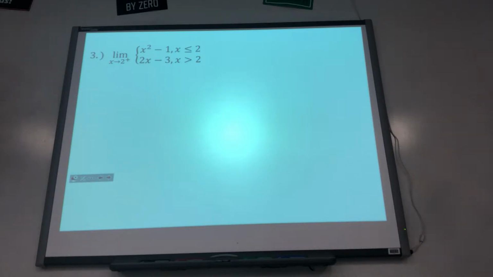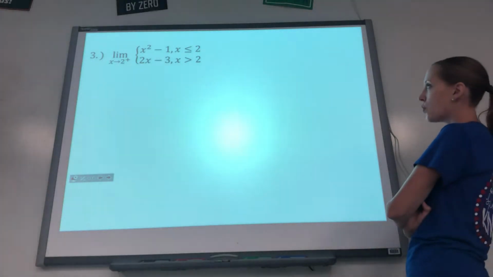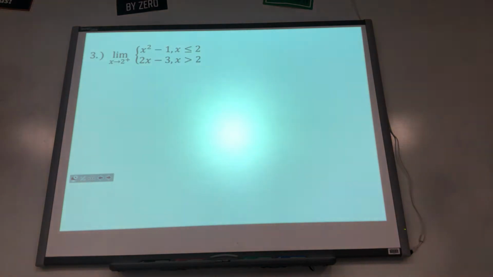We want the limit as x approaches 2 from the right, plus sign, from the right, of x squared minus 1 when x is less than or equal to 2, or that second behavior says 2x minus 3 when x is greater than 2.